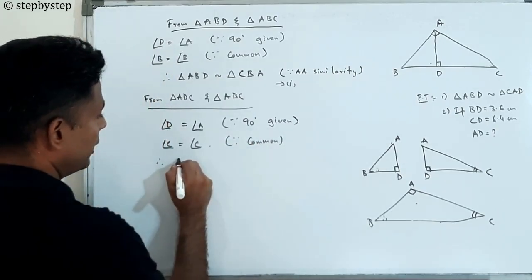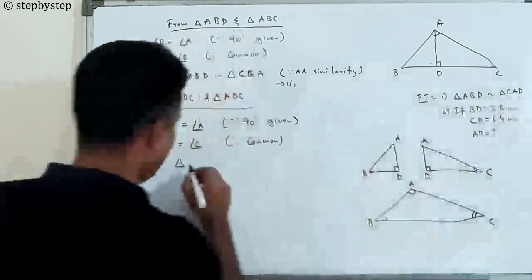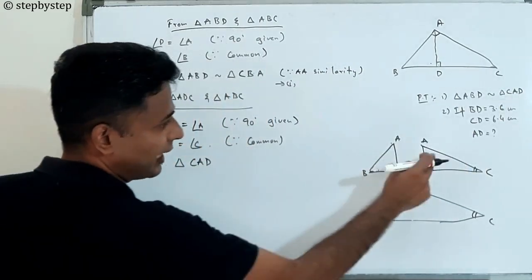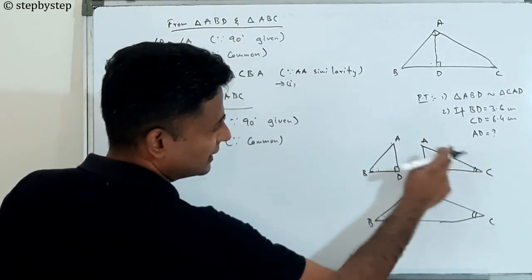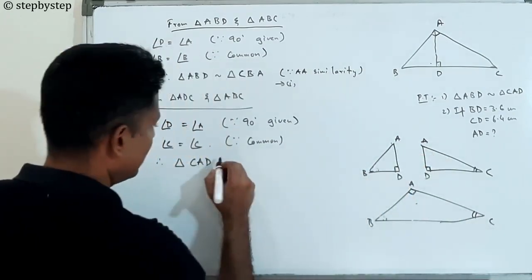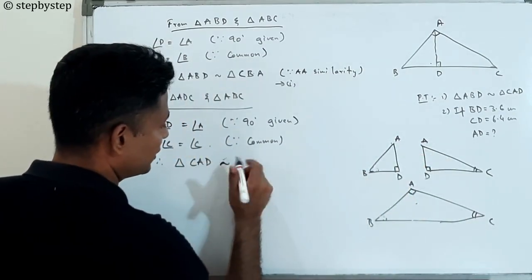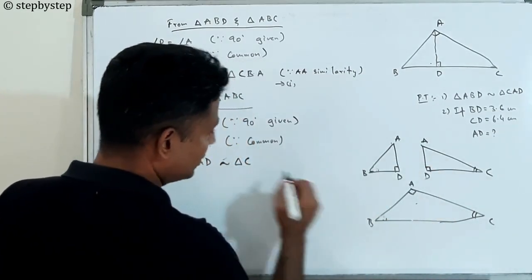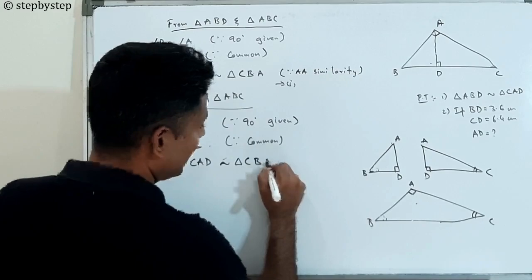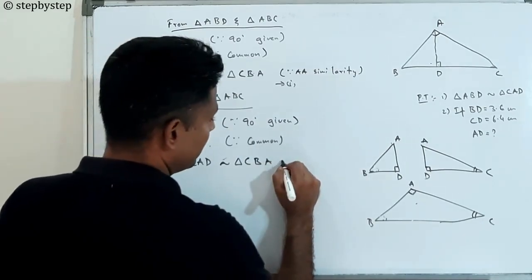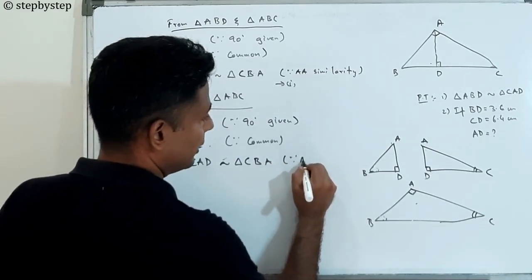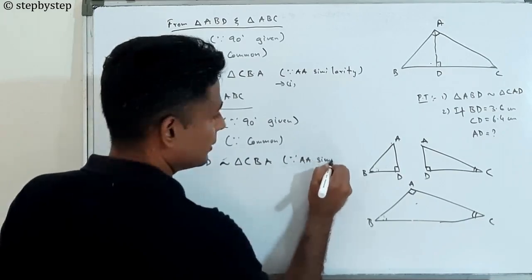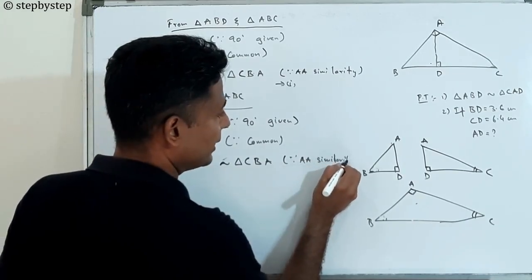So therefore triangle, here they have said CAD, so I'll write this triangle as CAD. So here I have to take is similar to, I'll have to start with triangle C itself, then A I am taking, so I have to take B over here and A, right? Because double A similarity.